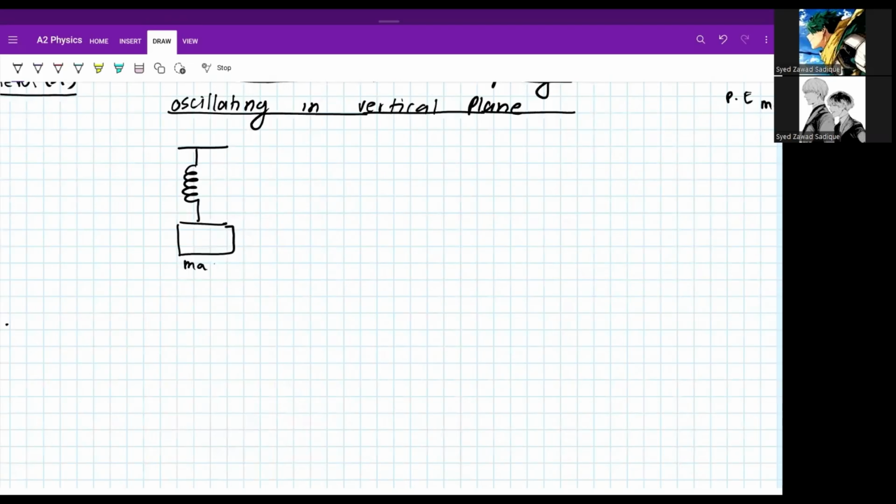So this is mass, this is spring, and it's moving up and moving down.